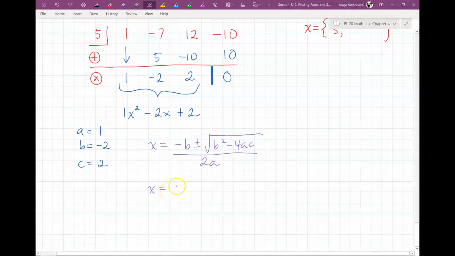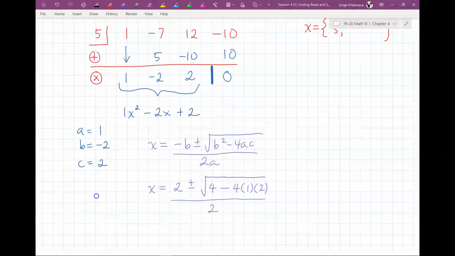So x is equal to a -b. If b is a -2, then a -b would be a +2. Plus or minus the square root of b squared. -2 squared is 4 minus 4 times 1 times 2, divided by 2 times a. That's 2 times 1, so that's a 2. Now notice inside of the radical, that's going to be 4 minus 8.